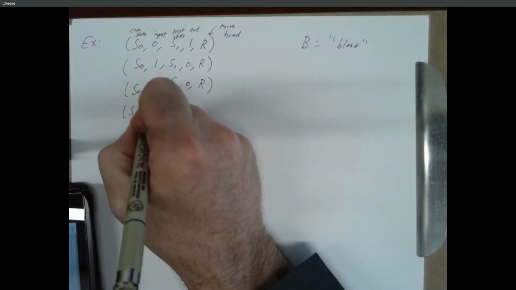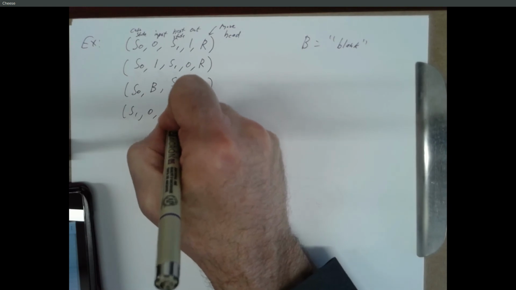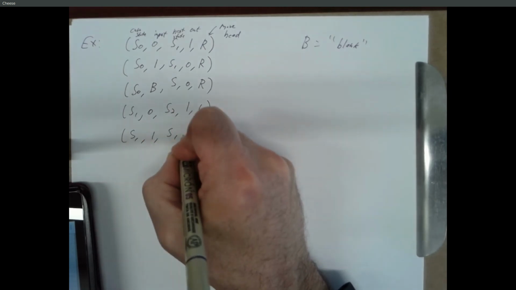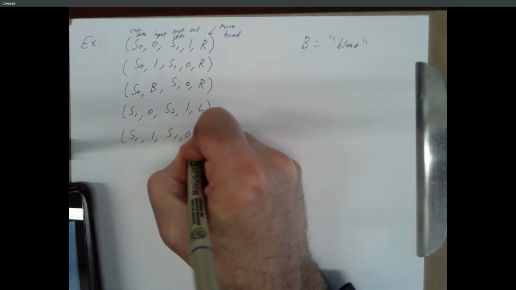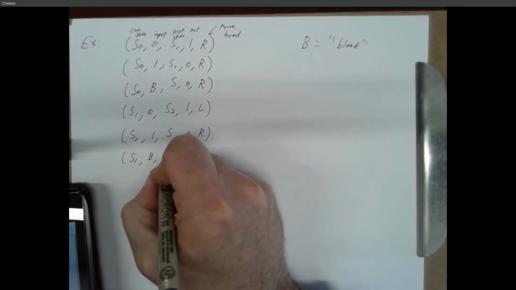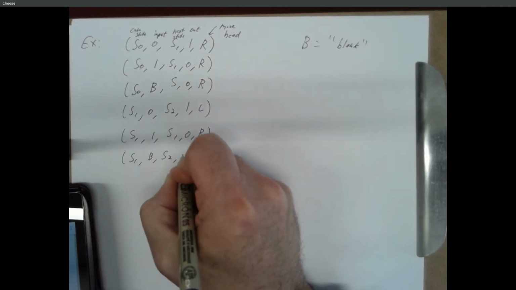If you're in S1 and there's a 0, let's go to S2, write a 1 and move left. If you're in S1 and there's a 1, let's stay in S1, write a 0 and move to the right. And if you're in S1 and there's a blank, let's go to S2, write a 0 and move to the left.